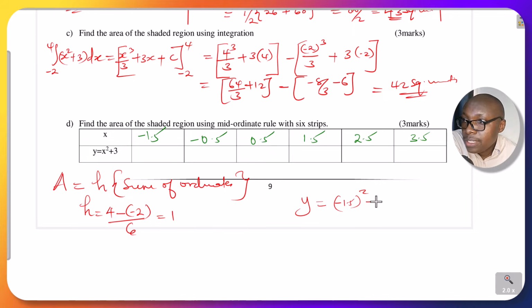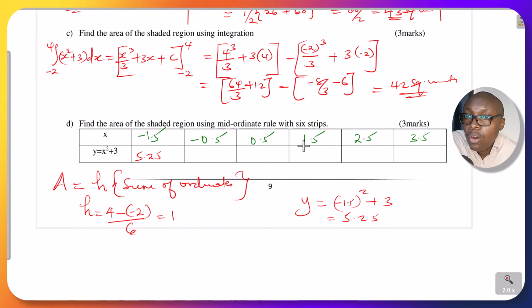And then plus 3. So when you feed that on the calculator, that is brackets negative 1.5, close the bracket, and then you square that, and then you add 3. Add 3 to the answer, you get 5.25.